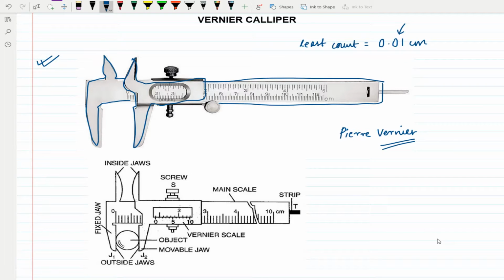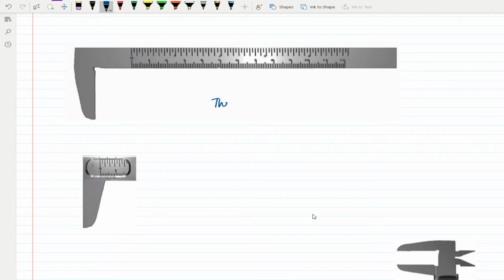The main scale also has a jaw and the vernier scale also has a jaw, and there are screws over here which are used to adjust the movement of the vernier scale on the main scale. So you can see this is the main scale and this is the vernier scale, which slides over the main scale.